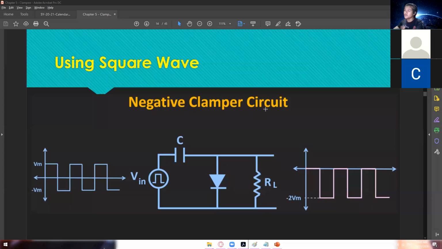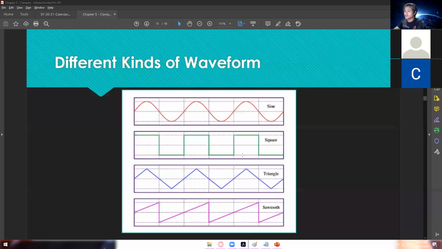Sine wave is very familiar, and square wave is also familiar, but triangle is not that much. At most, sawtooth is not used at all. So sine and square are quite familiar, but triangle only sometimes.